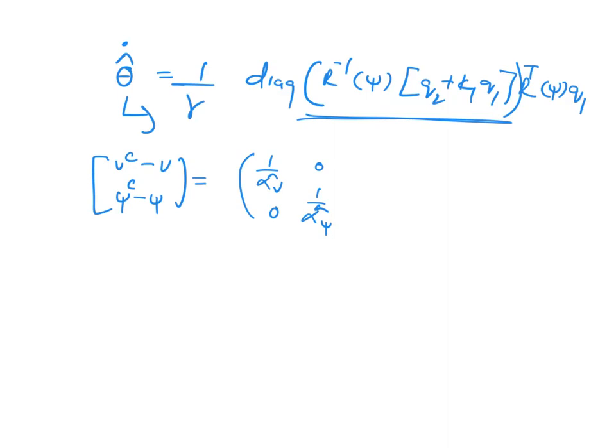Like the S function, there are 2 into 1 equation. So first is 1 over alpha V hat, second is 1 over alpha psi hat. This into R inverse psi of minus Q2 minus K2 Q1. Okay.